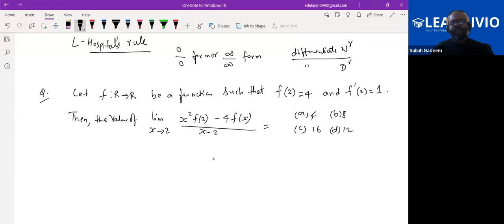So if you put x is equal to 2, it will become 4f(2). This will also become 4f(2). 4f(2) minus 4f(2), 0. The denominator will also be 2 minus 2, 0. So it will be 0 by 0 form. So you have to see that it is actually becoming 0 by 0 form. So you can apply L'Hopital rule.